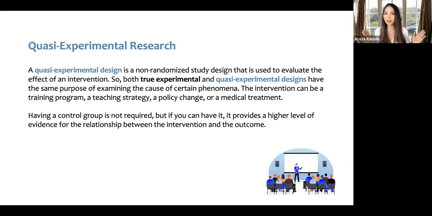The intervention can be a training program, a teaching strategy, a policy change, or a medical treatment, anything that you want to test, anything that you want to measure or examine. Having a control group is not required, but if you can have it, it provides a higher level of evidence for the relationship between the intervention and the outcome. Sometimes it's just impossible, but if you can, then it's good.